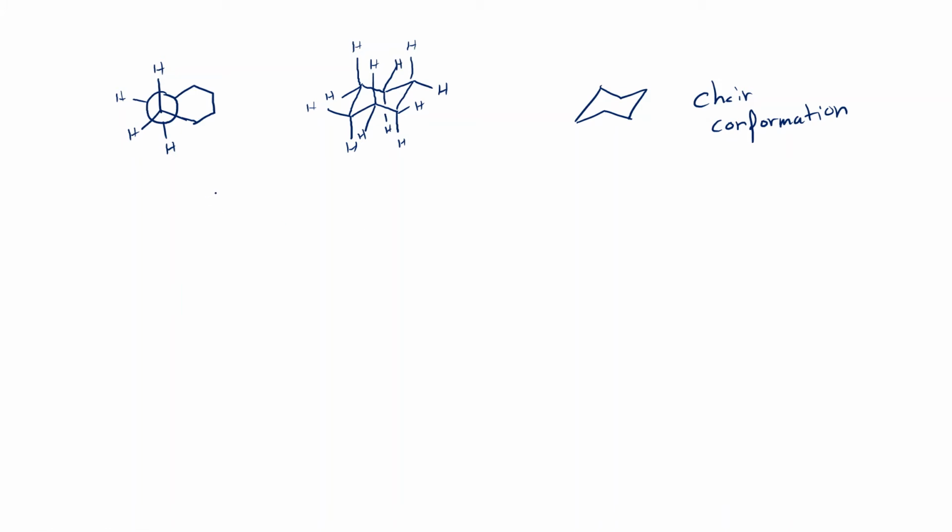Now, let's take this Newman projection, and instead of doing just cyclohexane, I'm going to make methylcyclohexane. So I'm going to put a CH3 group on there. If you were to replace one of these hydrogens with a CH3, which position would result in the most stable replacement?